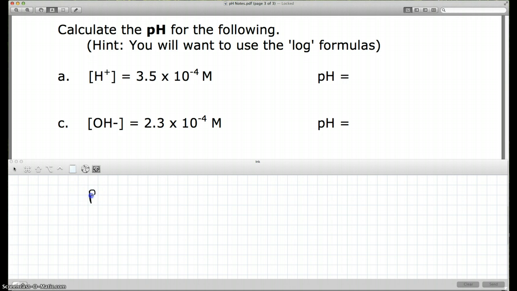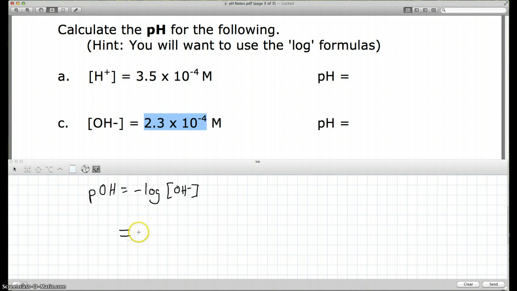So POH equals negative log of the OH minus concentration. Well, I know the OH minus concentration. It's this. So I'm just going to take that number and plug it into that spot.